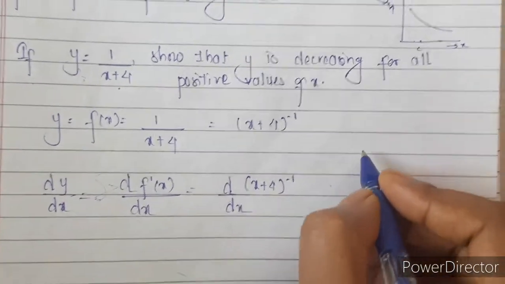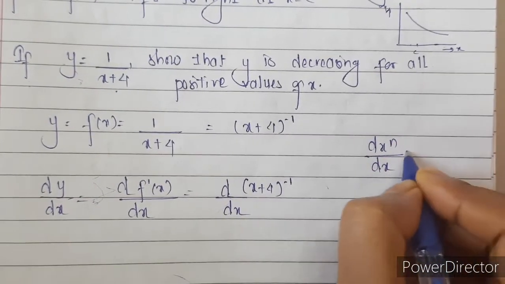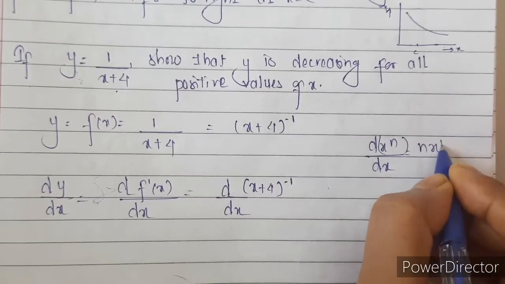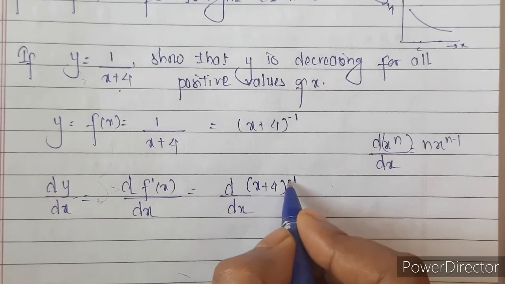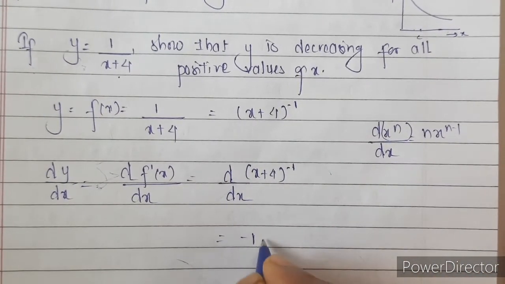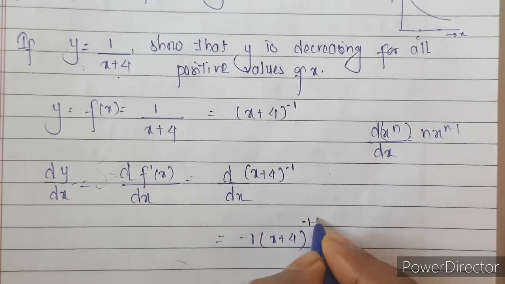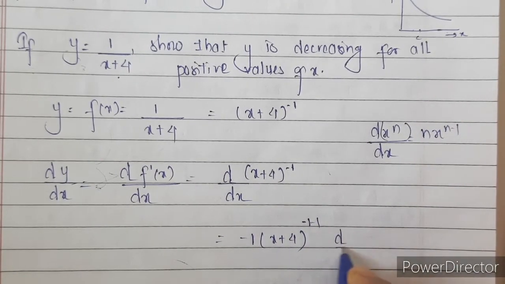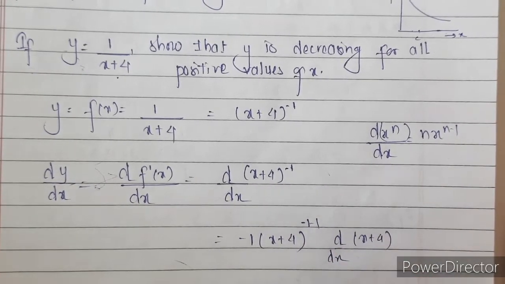Now we know that the derivative of any power function, x raised to power n, is n times x raised to power n minus 1. Similarly, your power is minus 1, so the derivative of this function is minus 1 times x plus 4 raised to power minus 1 minus 1, and the derivative of x plus 4.